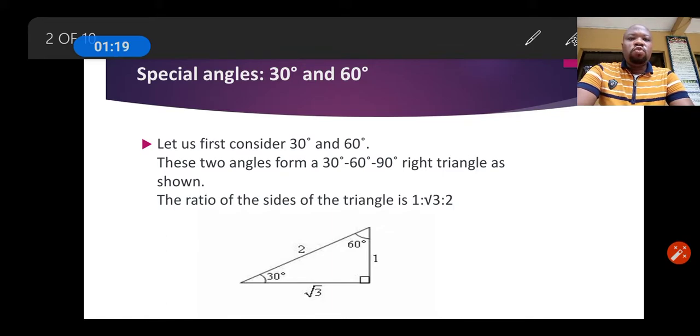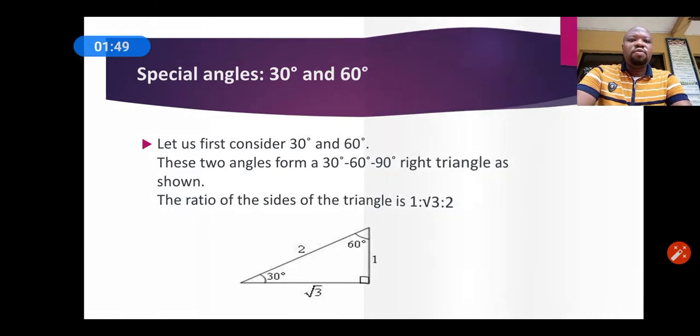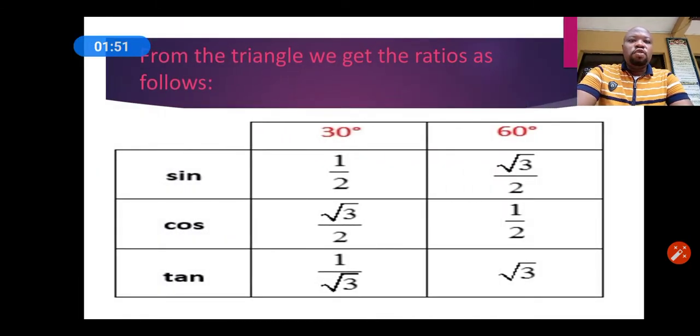In order for us to know the formula that is used for each of these special angles, let us consider the triangle on your screen, a right angle triangle whose sides are in the ratio of 1 to root 3 and to 2. If you look at this triangle on your screen, you have an angle of 60 degrees and 30 degrees. So let us derive an expression for the angles of 30 and 60 degrees.